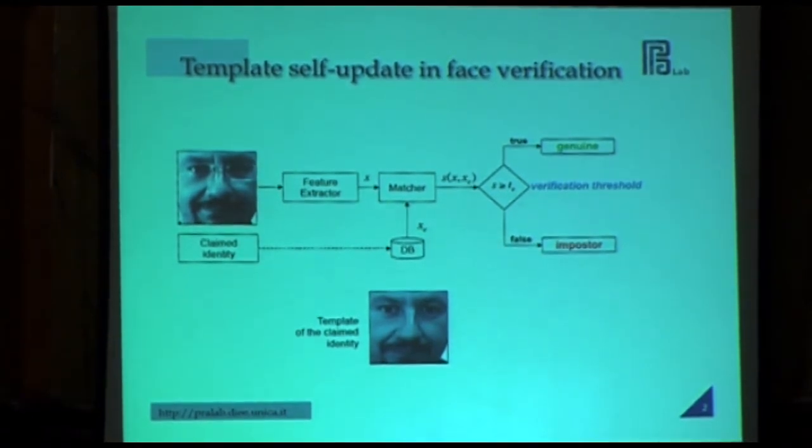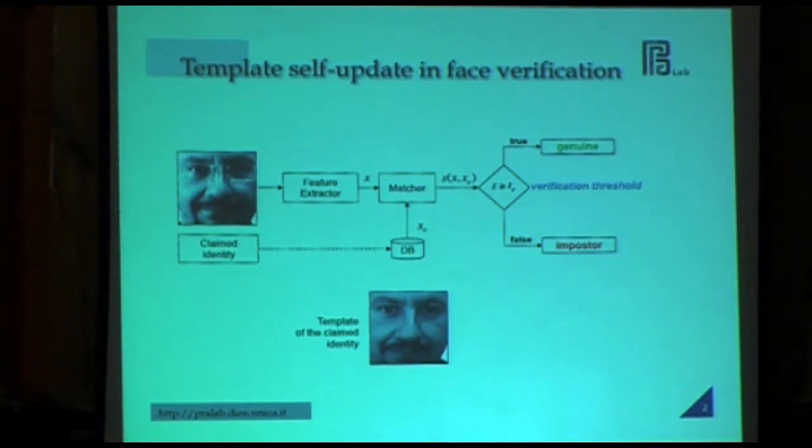You usually have a template database containing one or more templates for each person, and then you have a matching algorithm. In a verification setting, when the comparison of the input image with the template is higher than a verification threshold, the input image is considered genuine, and so the identity is verified. This is the normal operation.